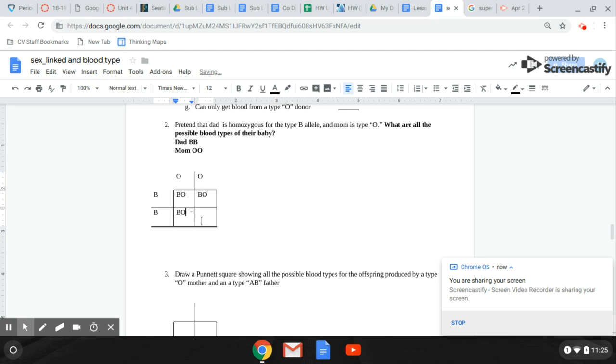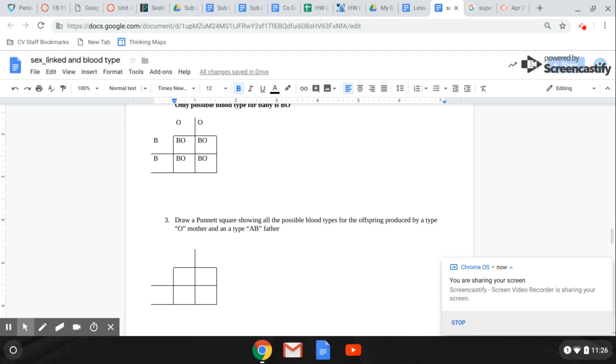Then it asks, what are the possible blood types for their baby? The only possible blood type for baby is BO, and that's the only thing you can possibly get from that one.